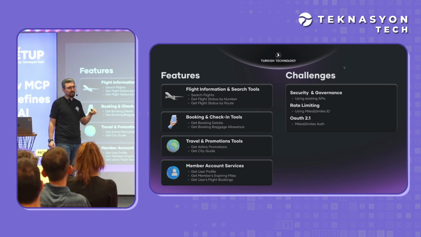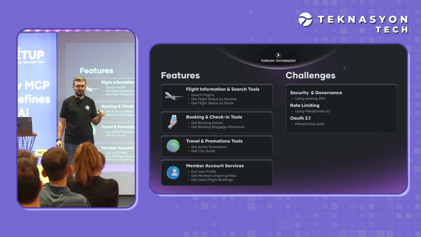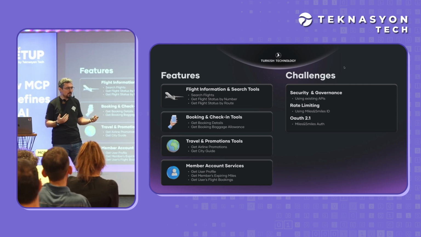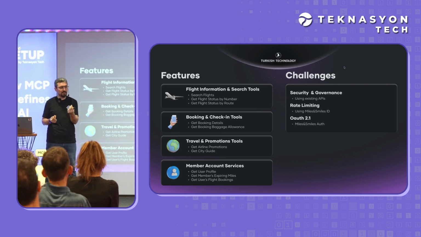If anyone here is trying to understand what we can do, I spoke with an MCP lead from Lufthansa today, and they were thinking about how to start. My obvious answer would be: start with a small thing, choose read-only APIs if you have them.